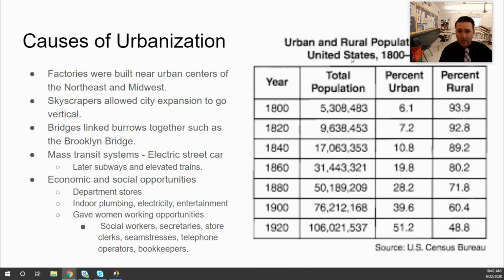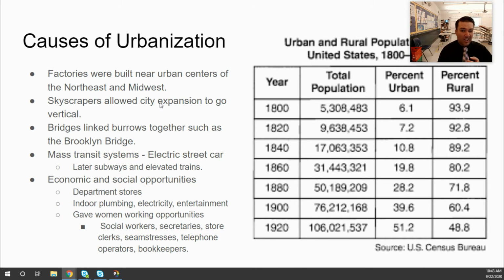Factories are going to be built near railroads, near waterways, where there already are a bunch of people anyway. And as there is more industrialization and more factories built, the demand for more people to come there and work, from both immigrants and rural areas of our country, means that over time we see more and more cities pop up. This is especially true in the Northeast and the Midwest, where the concentration of factories was larger.